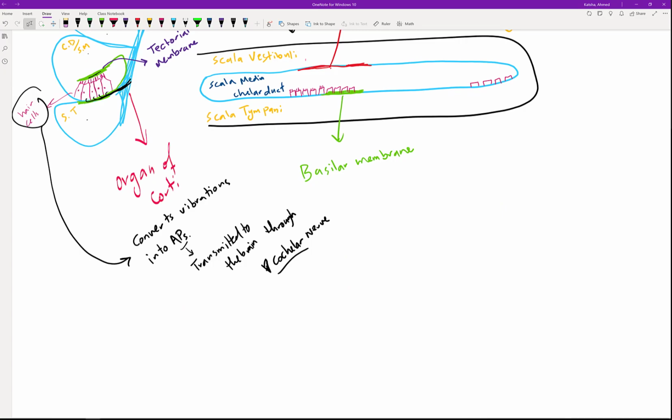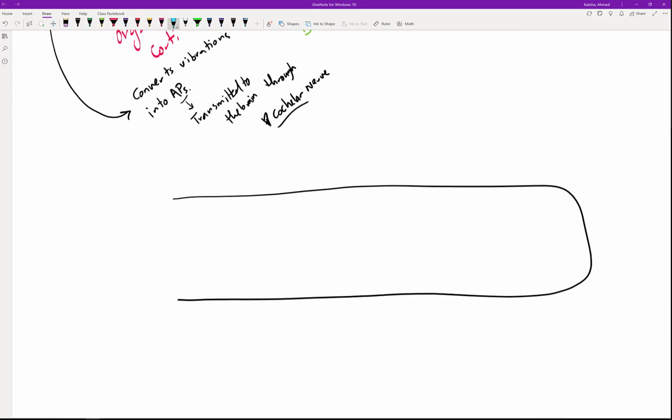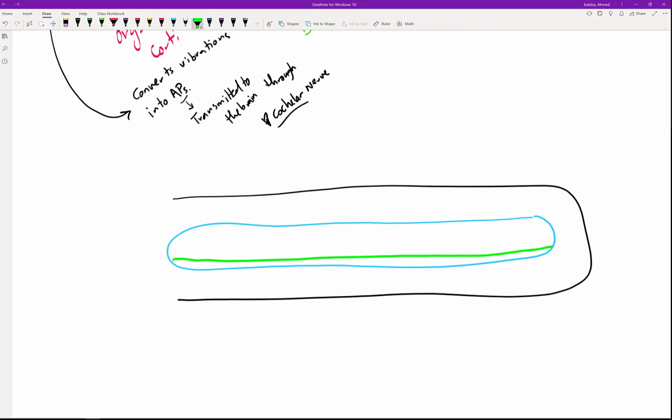To do this, I will draw again the cochlear duct, and I will have here the scala media. I will draw this line as the tectorial membrane, and I will draw this line as the organ of Corti, and they are touching each other. Now, if I look at this line from above, I will find it like this.